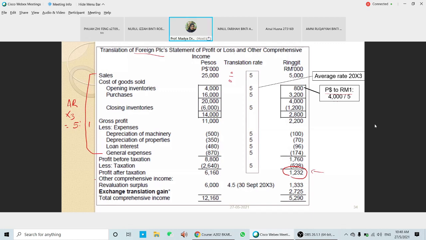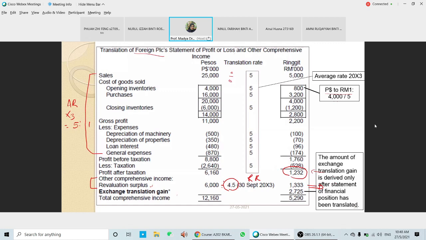Now we look at the other comprehensive income. In other comprehensive income, you only have a revaluation surplus. Remember that for the revaluation surplus, you need to use the revaluation rate. The revaluation rate at 30th of September given here is 4 ringgit and 50. So divide by 4.50, you're going to have 133. So you can prepare up to this point only, because the exchange translation amount is derived only after the statement of financial position has been translated.